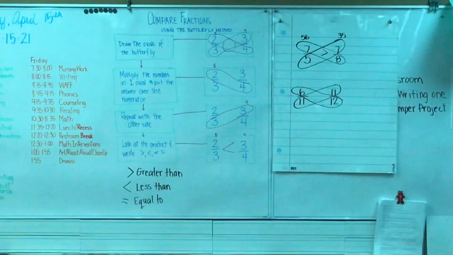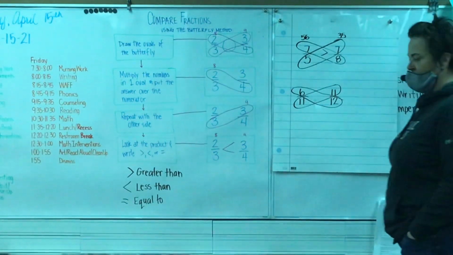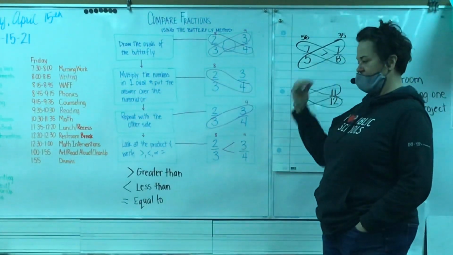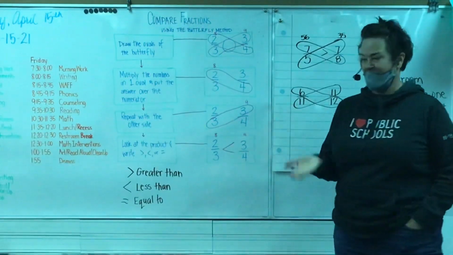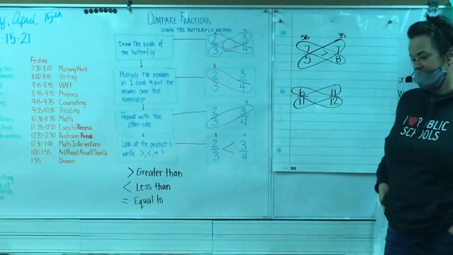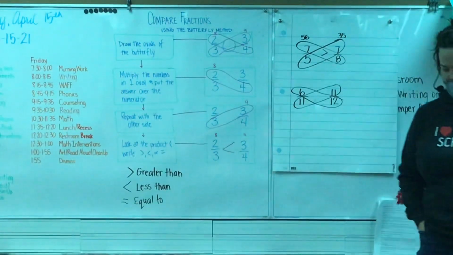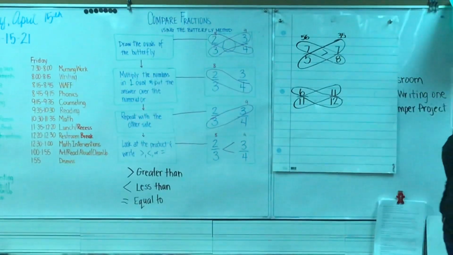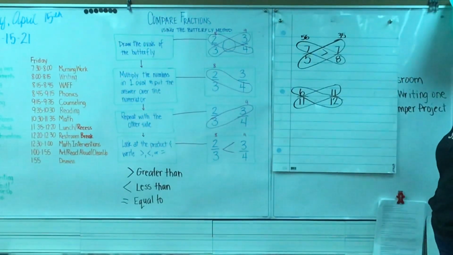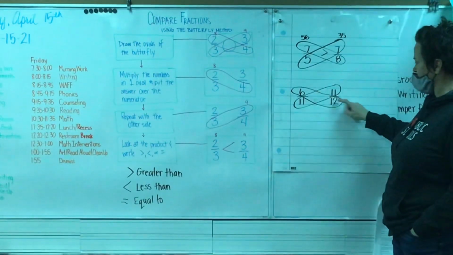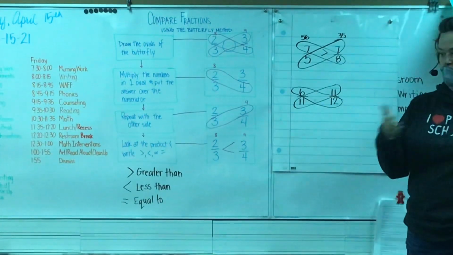Those big numbers. If you remember what 10 times 11 is, you can just add 11 more to that. Think about what 10 times 6 is, and then add 12 more to that.